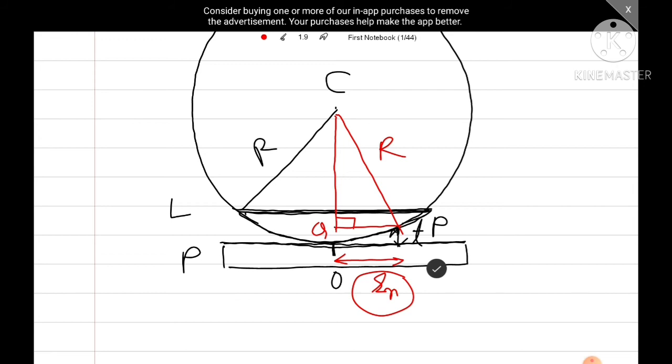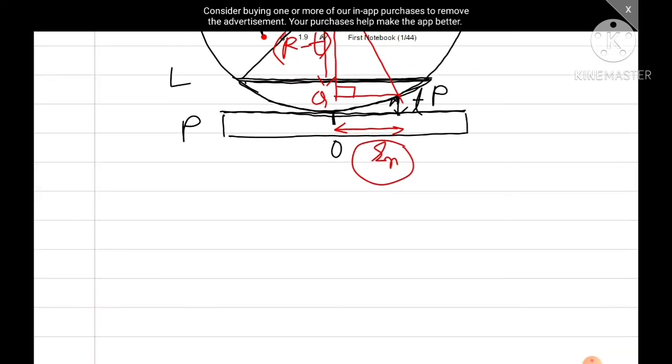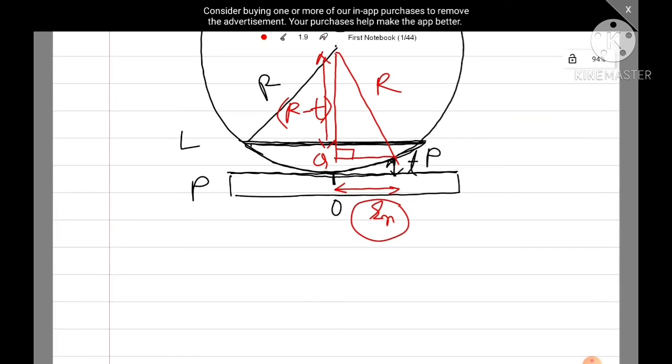Now CO is equal to capital R, so CQ will be R minus t. So in this way we have got a right angle triangle having three sides: CQ means R minus t, QP means Rn, and CP means capital R. Let us solve this right angle triangle by applying the Pythagoras theorem.